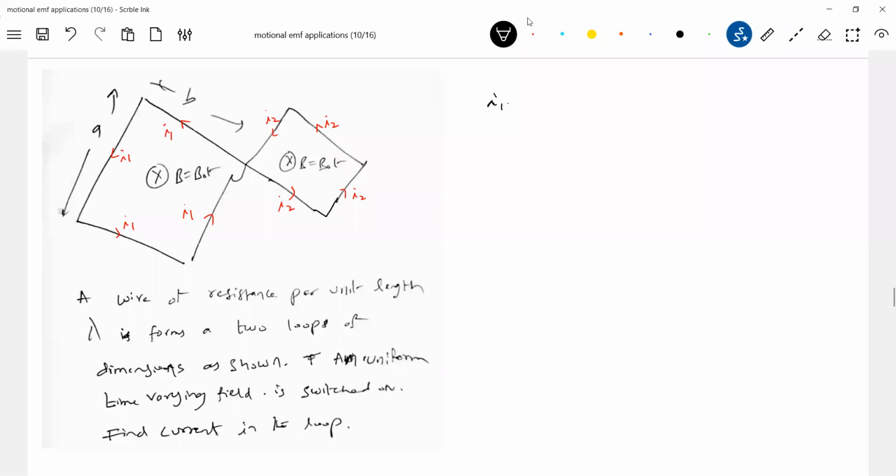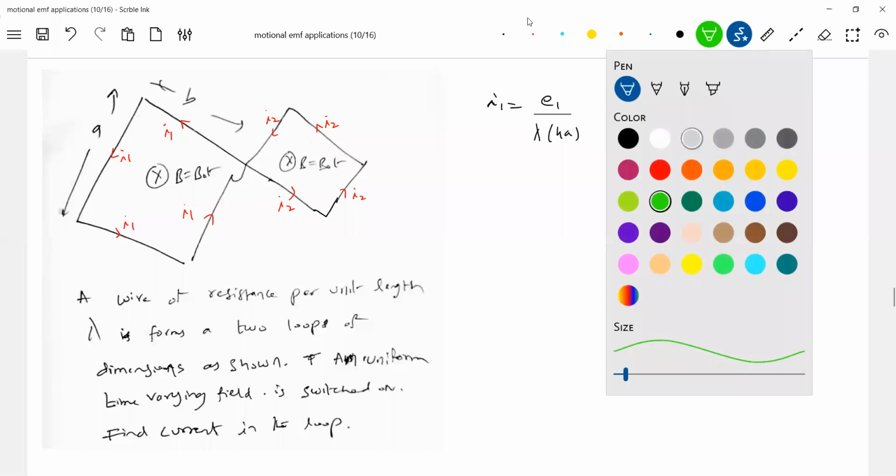What is I1? I1 is equal to E1 divided by resistance. Resistance will be lambda into 4A. What is I2 equal to? E2 divided by lambda into 4B. What is E1? Some correction is there, I'll make it.